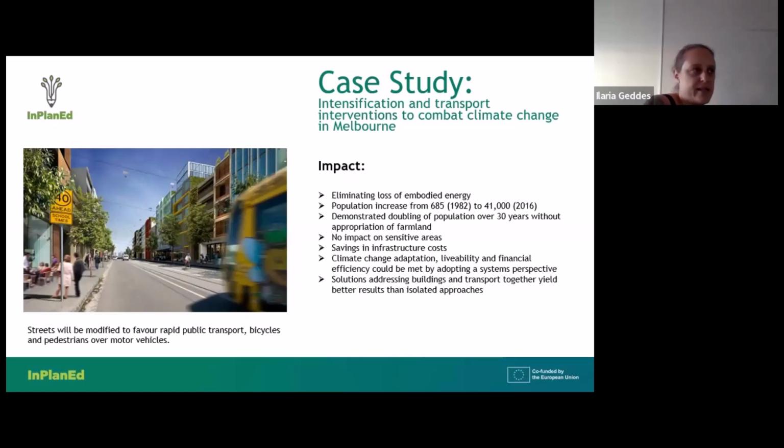Melbourne has been voted in the last few years one of the most livable cities in the world. It eliminated embodied energy. They had a huge population increase in the business district itself. We're talking 685 people that were living there in the 80s to over 40,000. They managed to double the population without the appropriation of any agricultural land.